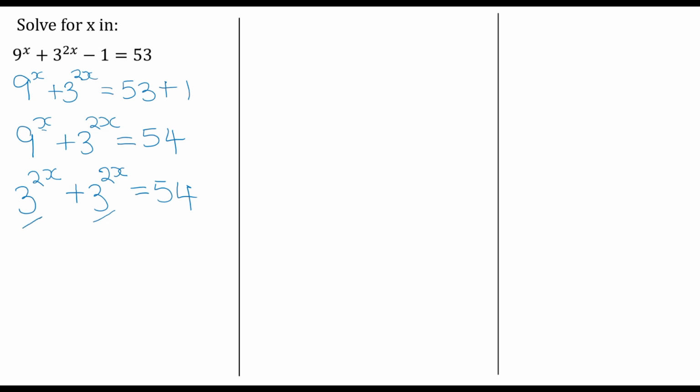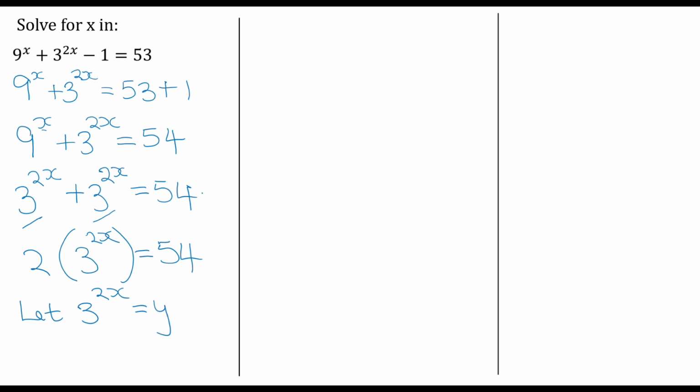These are like terms, so you can either sum them and have 2 into brackets 3 to power 2x is equal to 54, or you can choose to introduce an unknown and say let 3 to power 2x be equal to y.